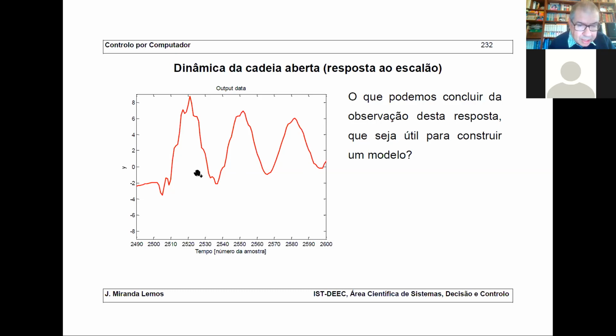But what you are seeing here is actually an experimental result, and these deviations here are a higher frequency oscillation superimposed on the fundamental mode. So you have a fundamental mode that goes up and down and up and down, decreasing in amplitude. And then you have something faster, of small amplitude.